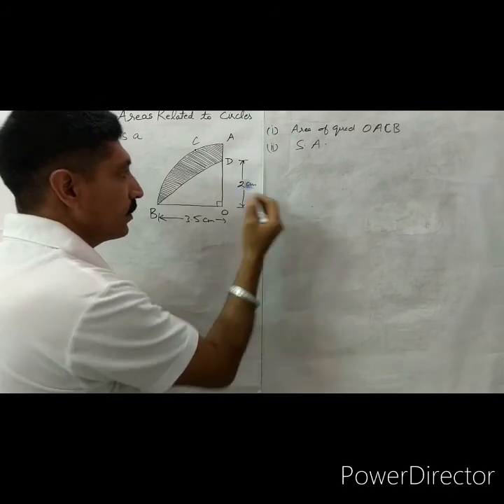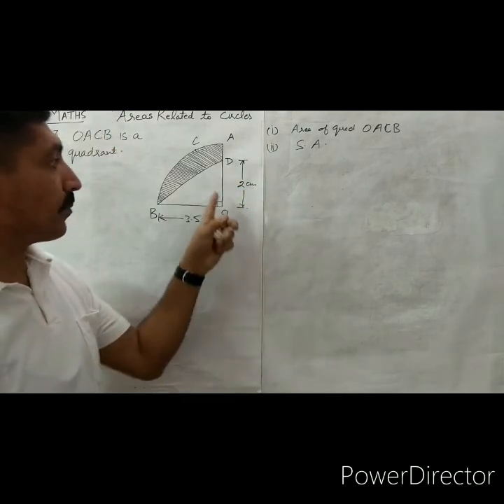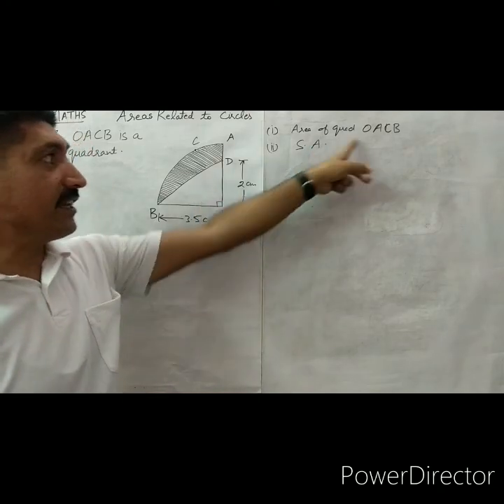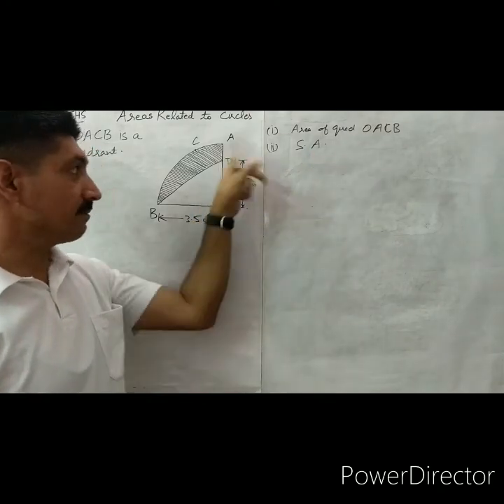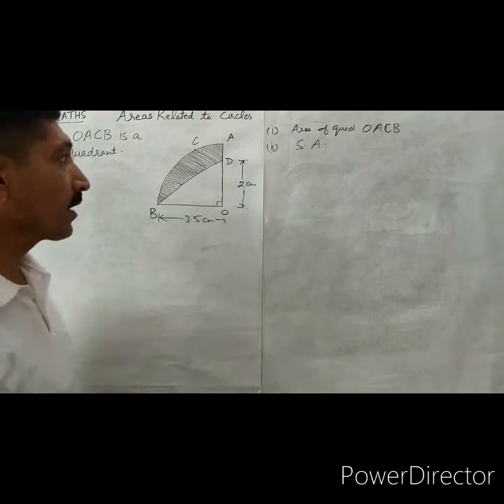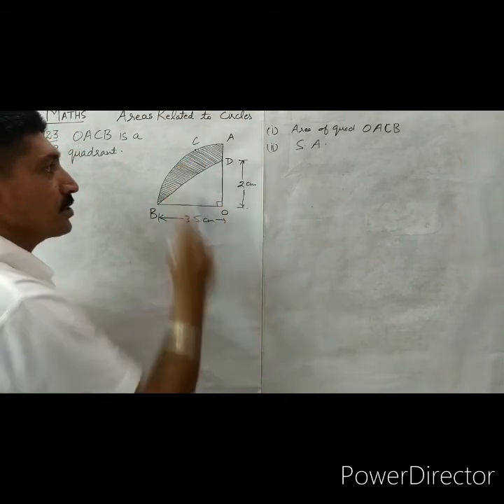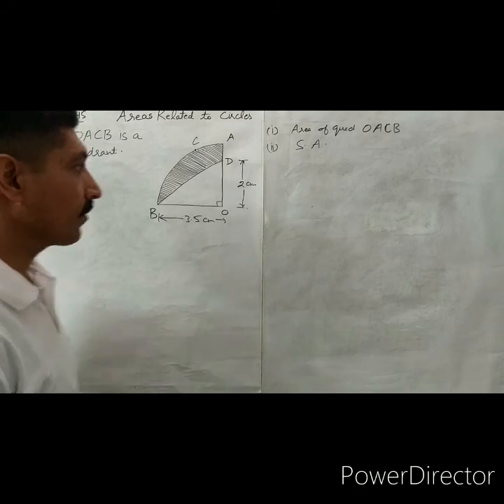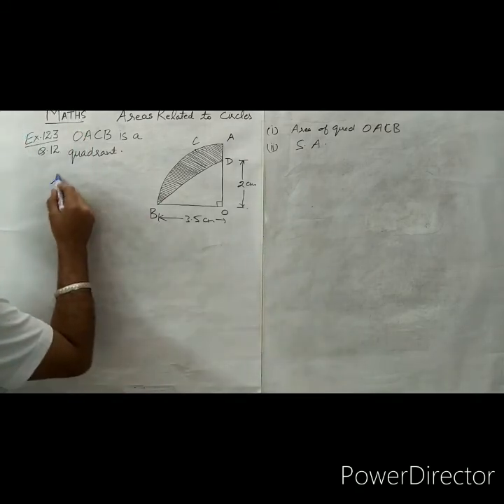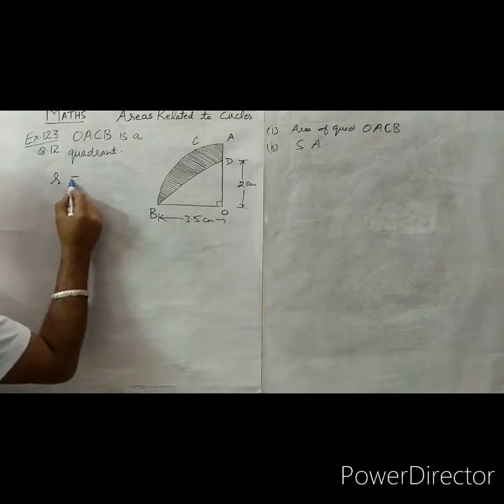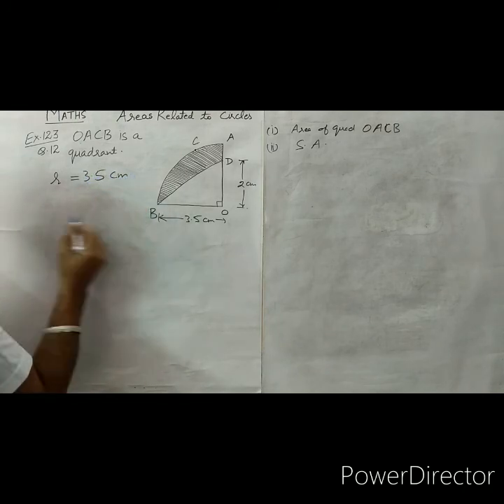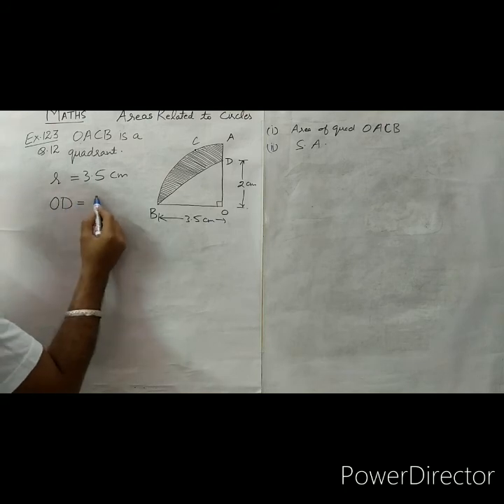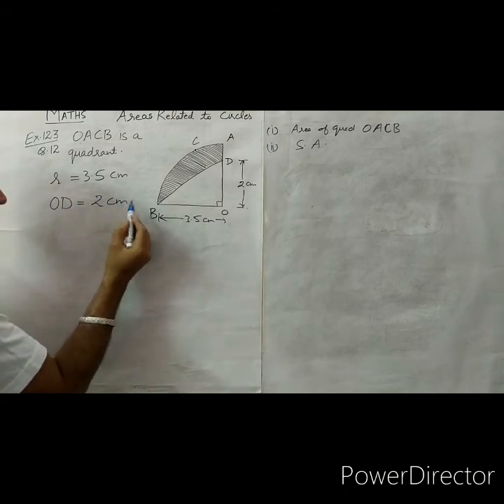So here we have to find the area of the quadrant, O is the center of the circle, and second part, this shaded area here. So here we have radius is equal to 3.5 centimeter and OD is equal to 2 centimeter.